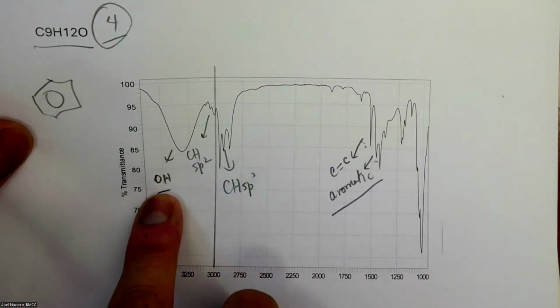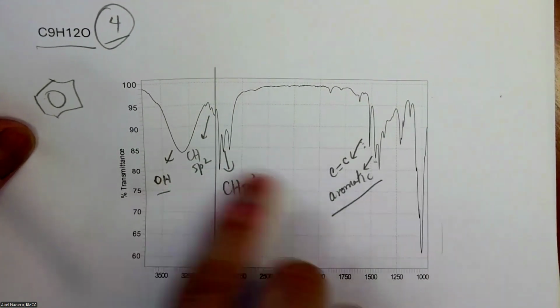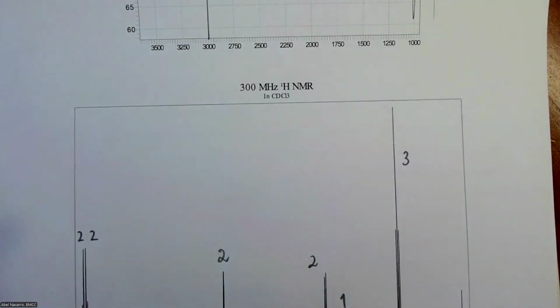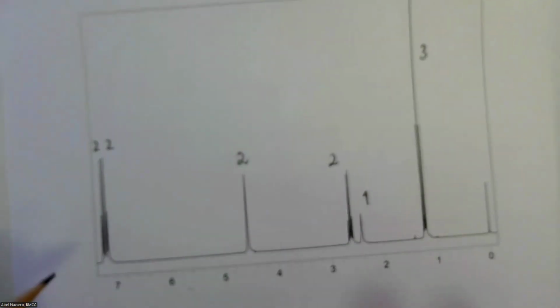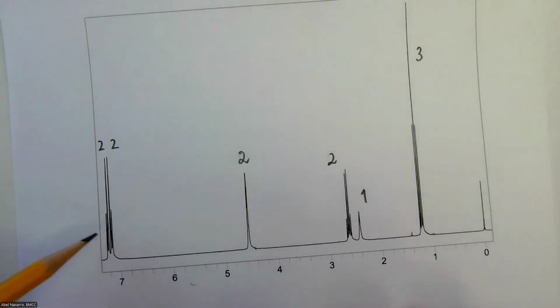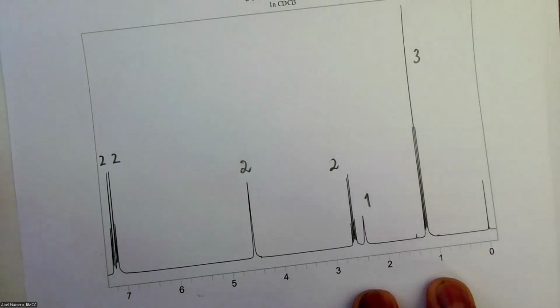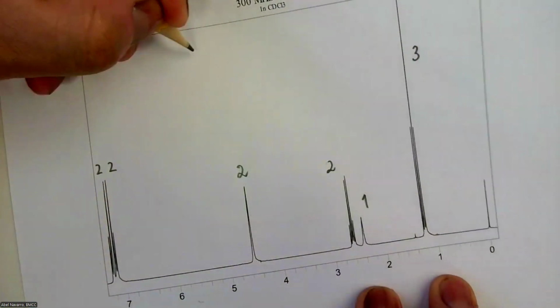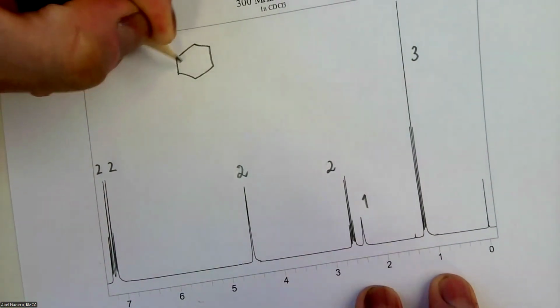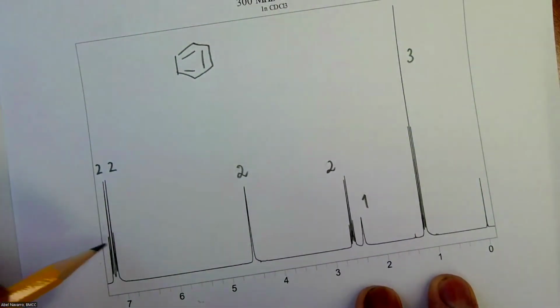At least I know I have an OH and a benzene ring, and I confirm it with my DUs. Now, two doublets, Eureka, I'm so lucky. I love when I see two doublets in the aromatic region, because that means you have a benzene ring with para substitution.